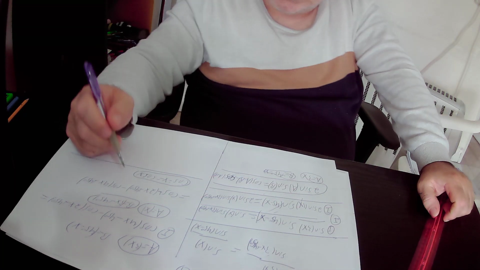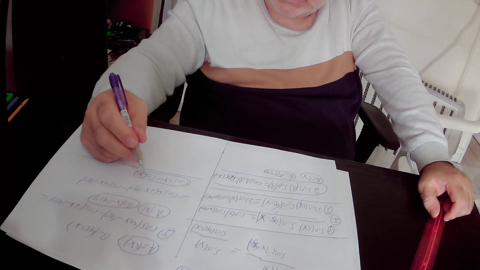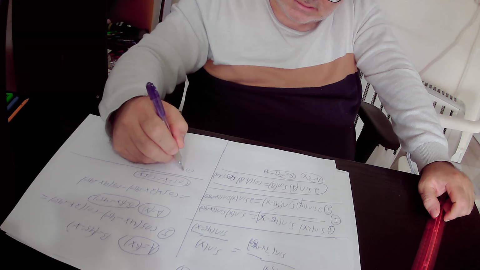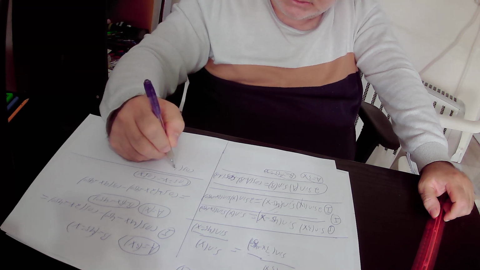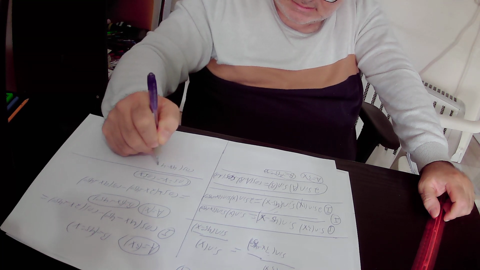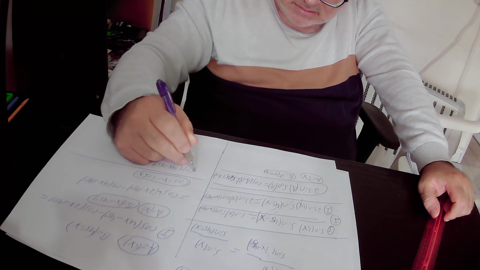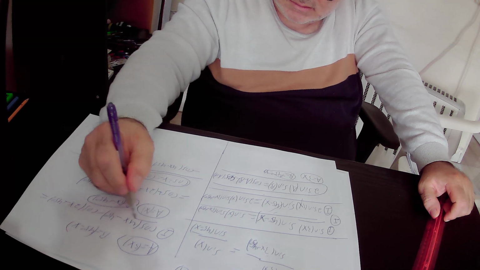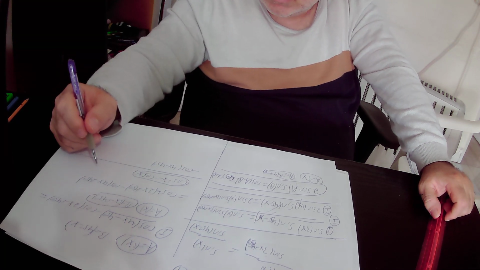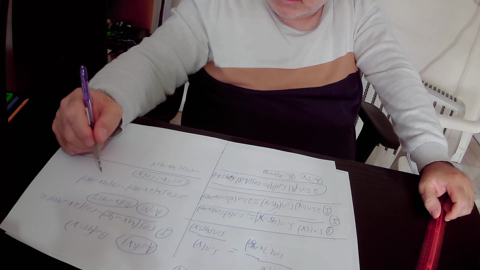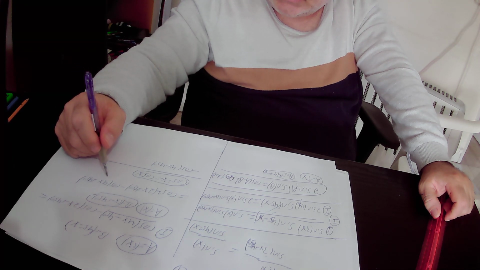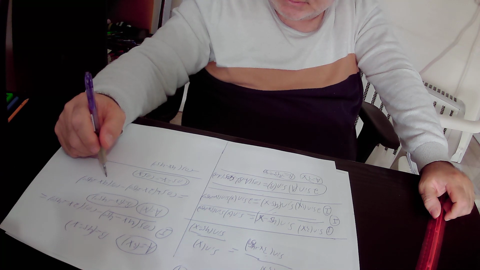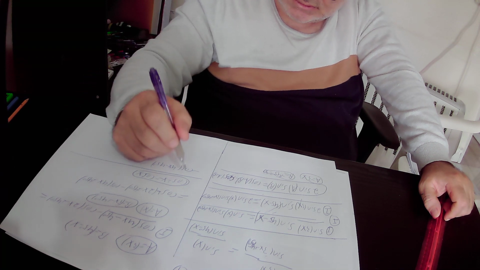So in equation number 1 we have cosine (4x minus 45 degrees), and we have minus cosine (4x plus 45 degrees), so we will add cosine (4x plus 45 degrees) to this equation, equation number 1.